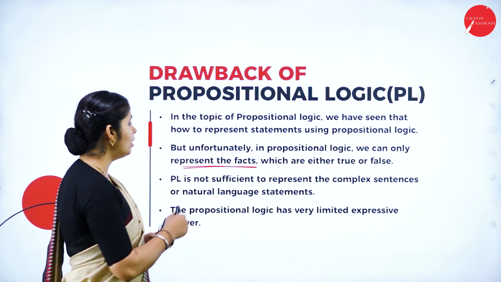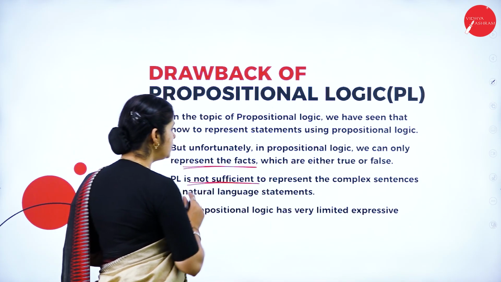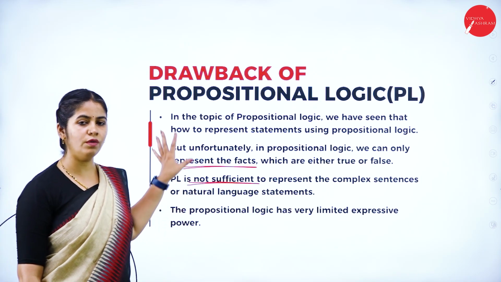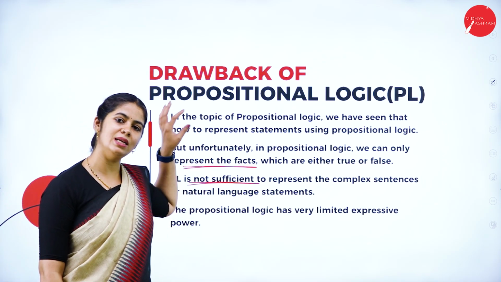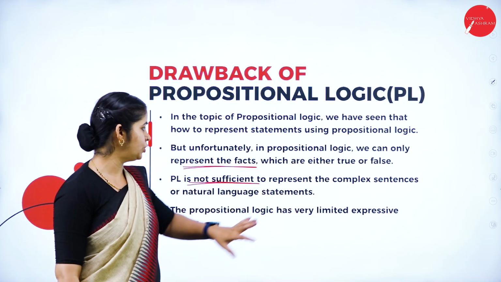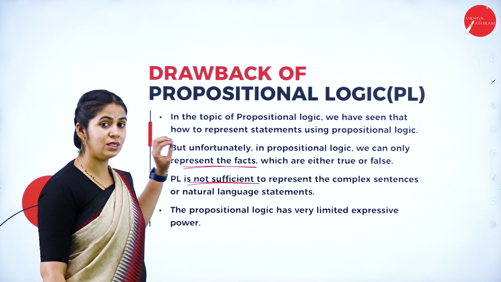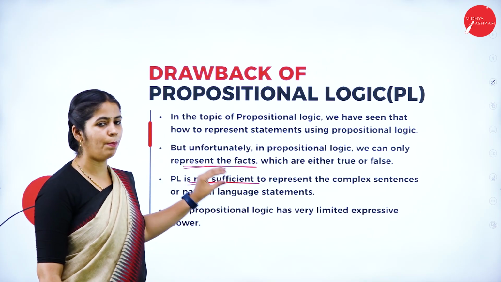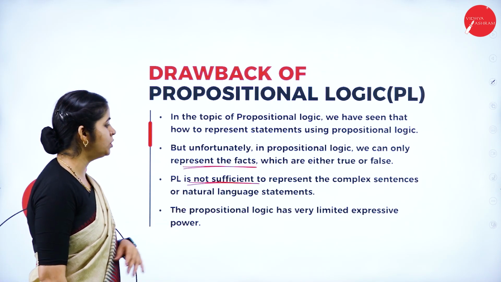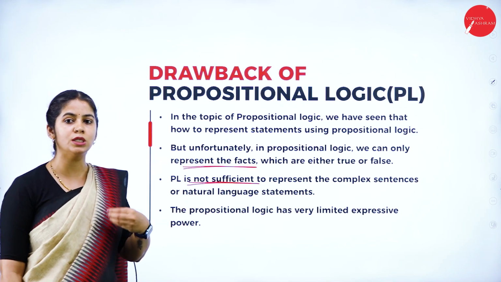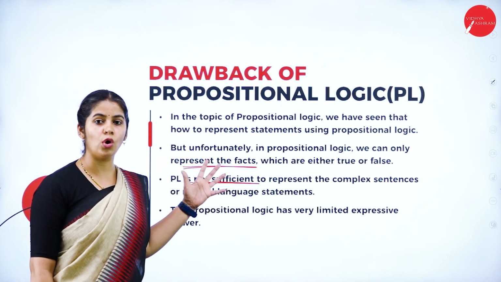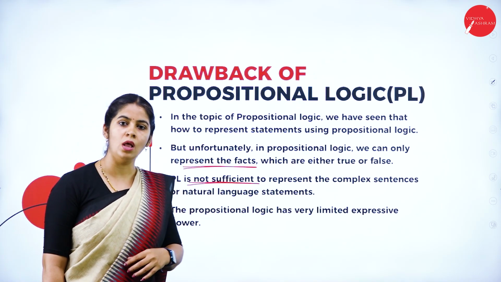Propositional logic is not sufficient to represent complex statements. Here, what are we checking? We are checking whether there is a Wumpus or not. That is a true or false condition, so only such types of statements can be represented. Complex statements cannot be represented using propositional logic. Propositional logic has very limited expressive power. So these are all the drawbacks of propositional logic.